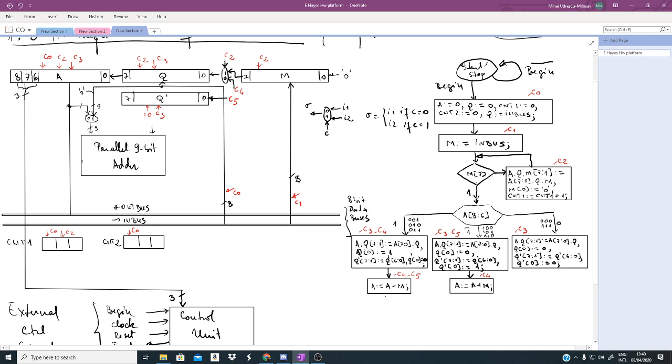We take this, we take these 9 bits and only 8 bits, right? We ignore the most significant one when we put the information on the out bus.